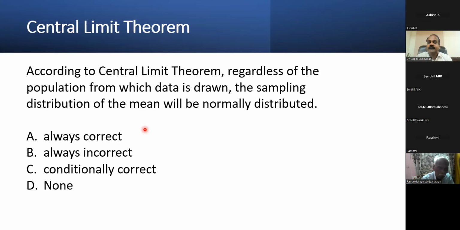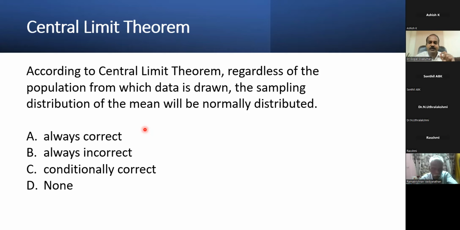The population will have a mean, and the population will have a standard deviation. Agreed? Understood? The characteristics of the population are known as parameters. But the sample also will have a mean, and the sample also will have a standard deviation.